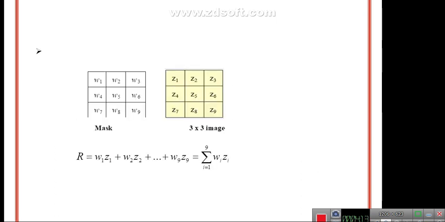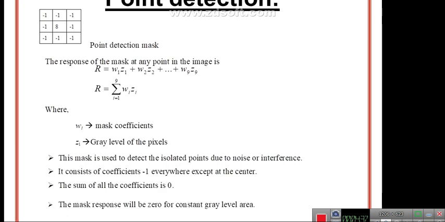The mask pattern coefficients are represented as W and the original image pixels as Z. We apply the mask pattern to the original image, so R is equal to W1 Z1 plus W2 Z2 up to W9 Z9, which is mathematically represented as the summation of Wi Zi for i equal to 1 to 9.